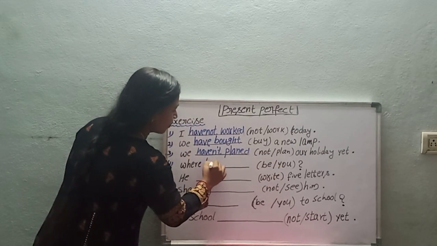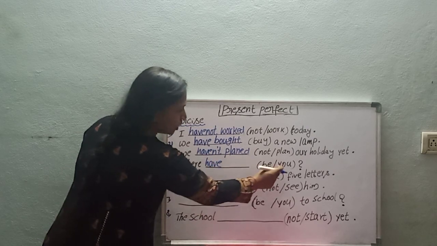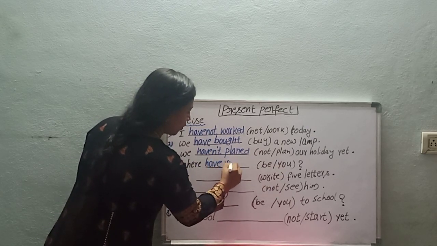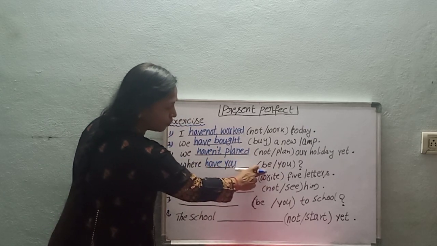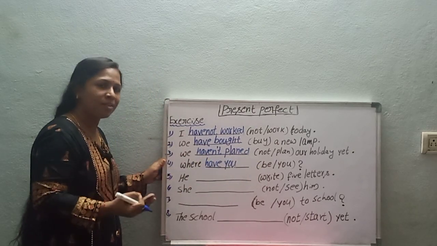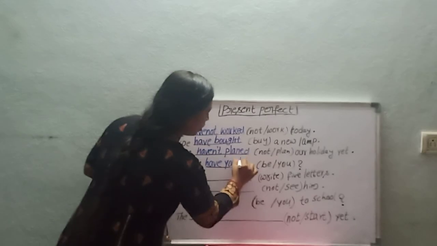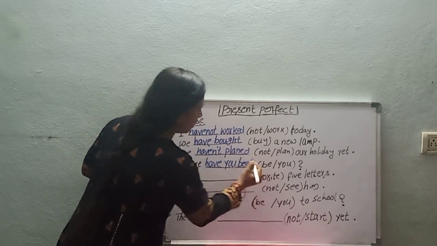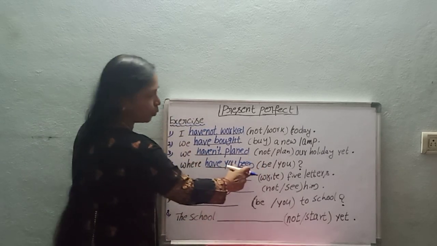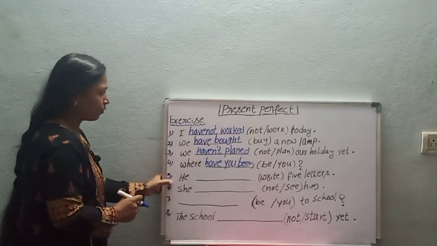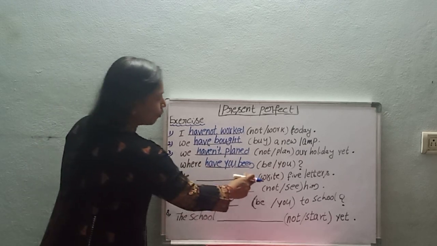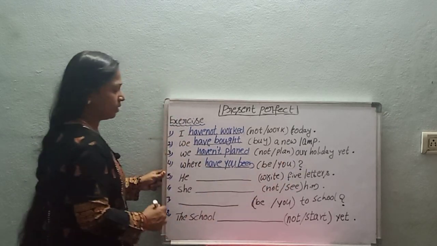Have. What is the subject? You. What is the third form of the verb be? Be, was, been, being. So we use been. Where have you been?